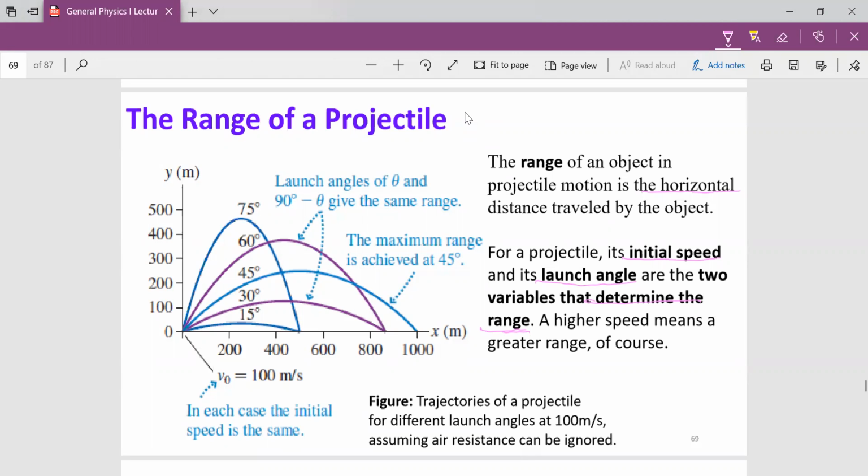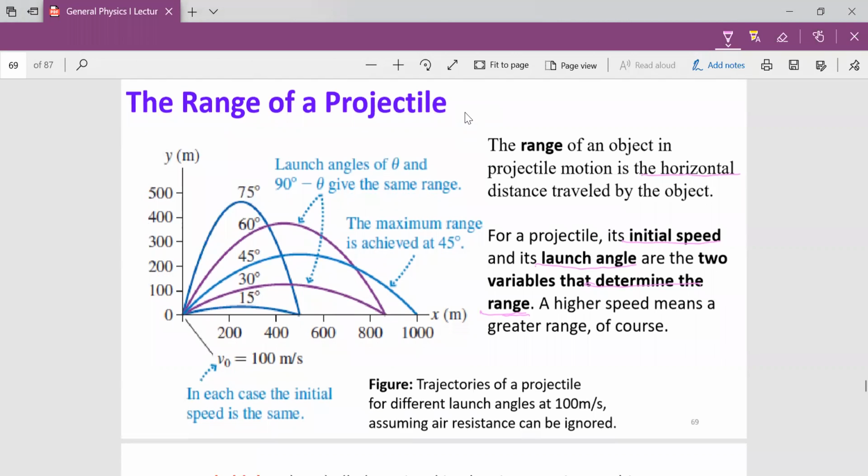Okay, so we have in the figure before us the range of, let's say, a ball that was launched with different angles, but they are moving at the same initial speed. Remember, we said the angle of launch and the speed will define the range.